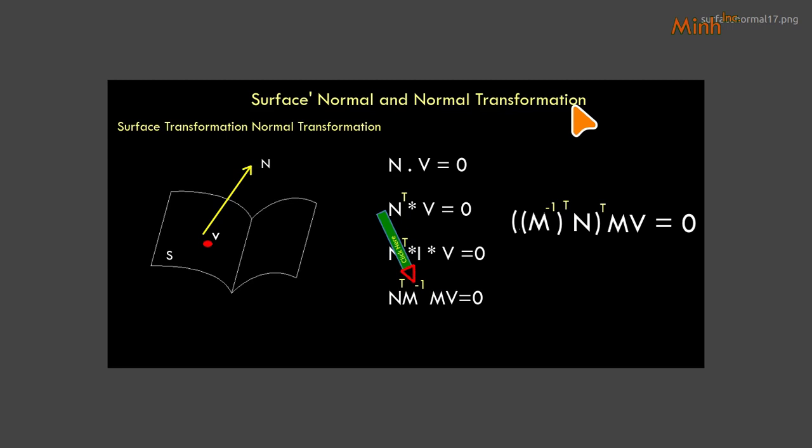But we are interested in the normal. So if this is the plane, this is equivalent to M to the power minus 1, inverse transpose of n, and then total transpose. So this leads to our formula. If this is the vertex and this is the transpose and it follows the equation, then this is the new vertex, and this is completely the new normal.